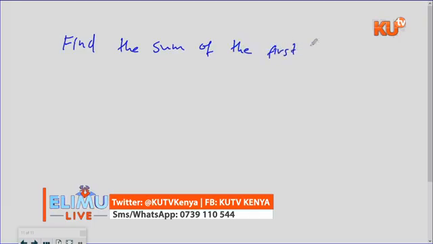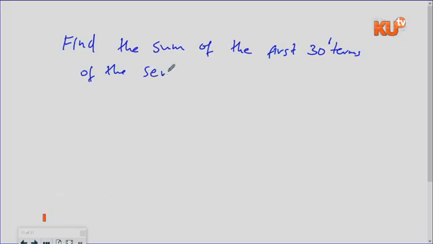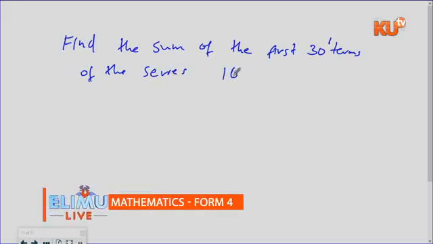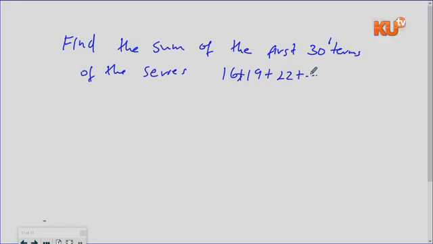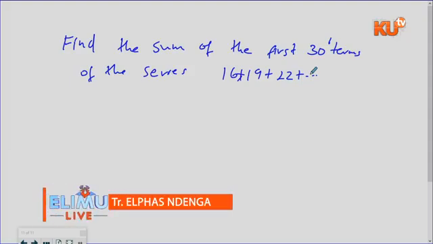So when we're told to find the sum of the first 30 terms of the series 16 plus 19 plus 22, and so on to an unknown value. That is one of our students who was asked that question. We find the sum of the first 30 terms of the series.